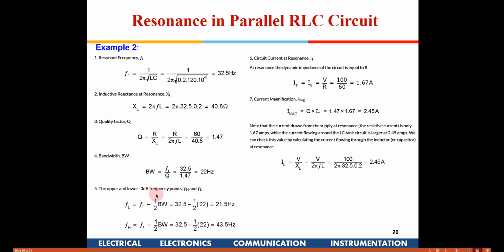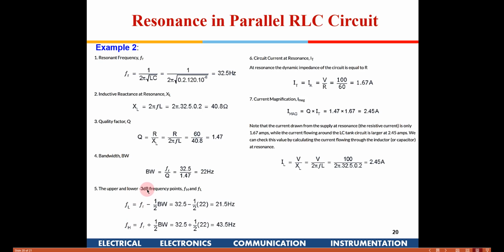Now the upper and lower 3 dB frequencies: the lower is FR minus half the bandwidth. The bandwidth is 22, so half is 11, and the resonant frequency we obtained as 32.5. So you subtract that from the resonant frequency. 3 dB means it is in log, right?